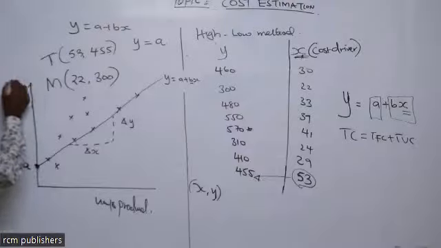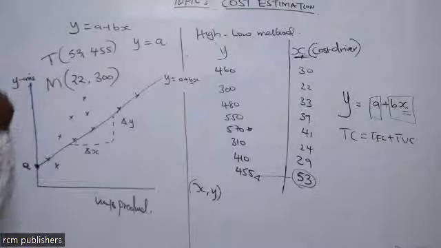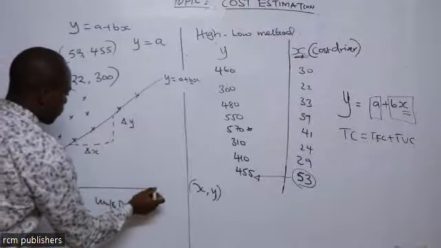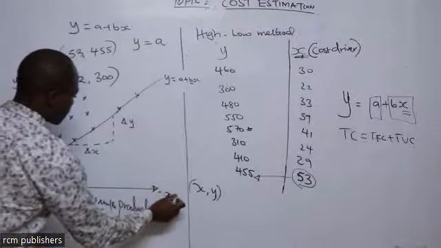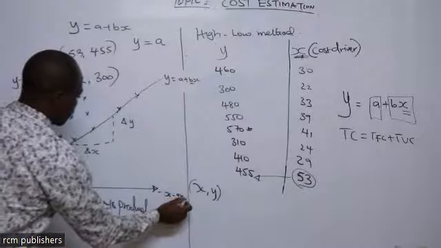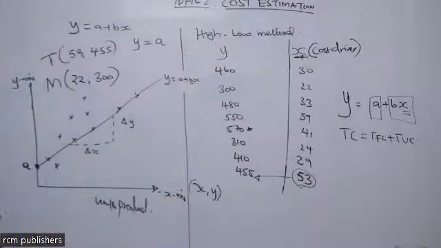When it crosses the y-axis, the point at which it crosses the y-axis is what we call the y-intercept. Y-intercept, x is equal to 0.